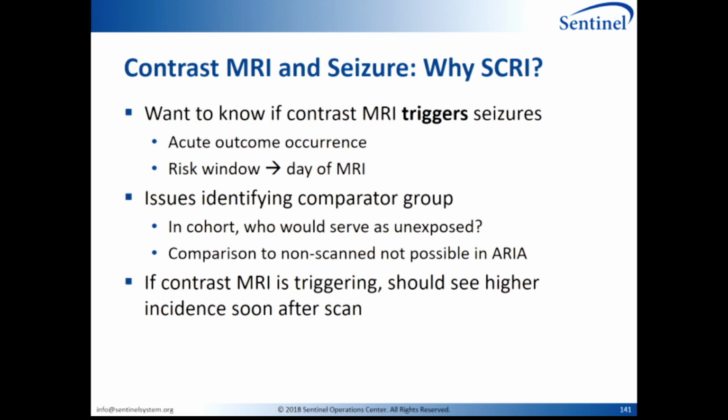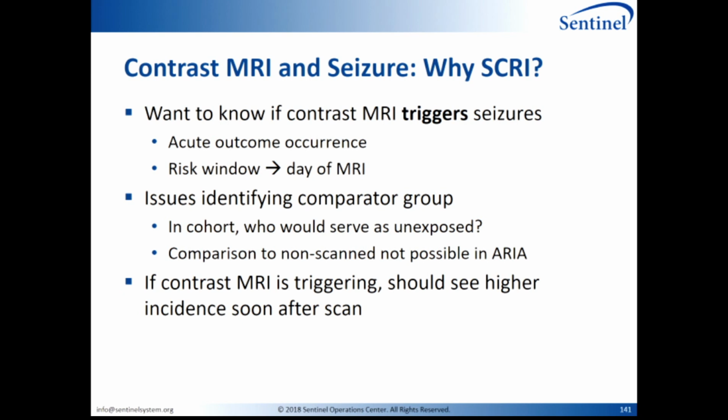So you may be wondering why we chose the self-controlled risk interval design to assess this question of MRI and seizures. The reason we did so is that the outcome occurrence for seizure is very acute. The issue that arose in the medical community was really about the occurrence of seizures immediately after MRI, and so we knew we were dealing with an acute outcome.